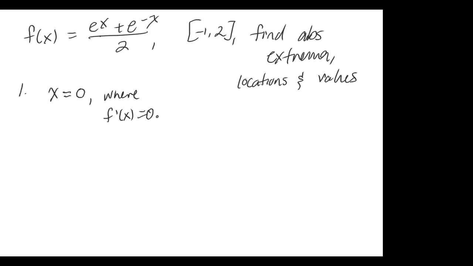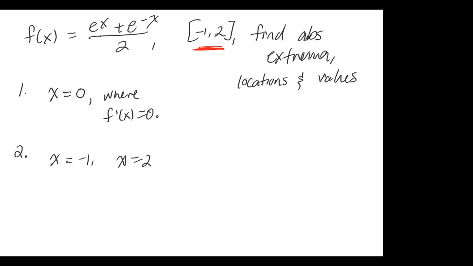Okay, so we have that. Next thing we want to list is endpoints, where x is equal to -1 and x is equal to 2, which we get from this. Okay, so I've got that.